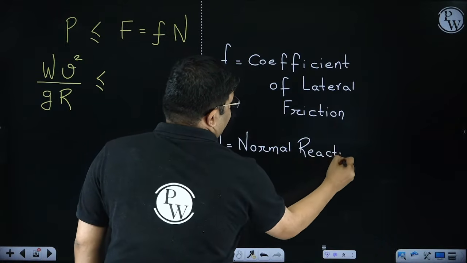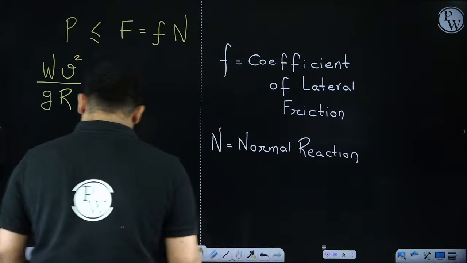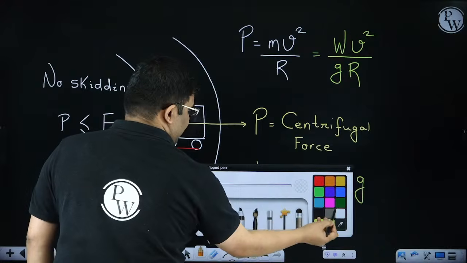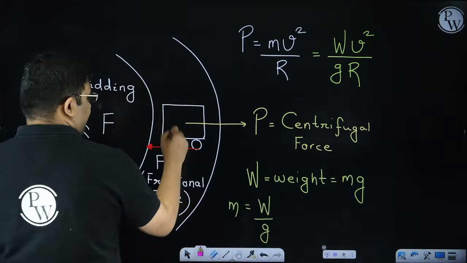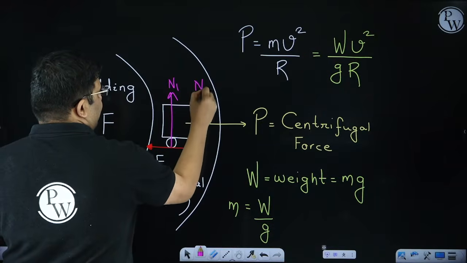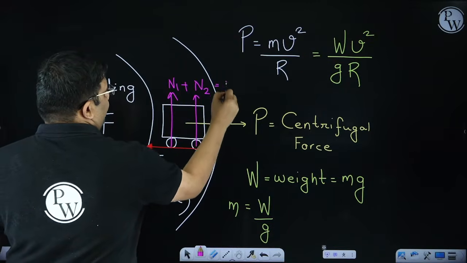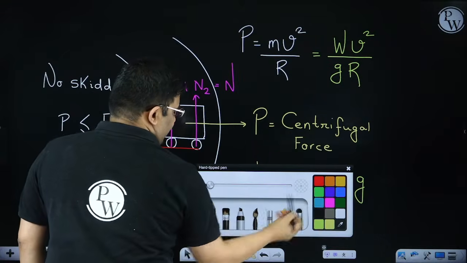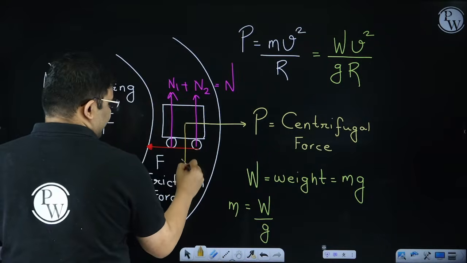Now this normal reaction will be equal to what? Suppose two normal reactions N1 and N2 combine to give the total normal reaction, which will be balanced by the total weight.